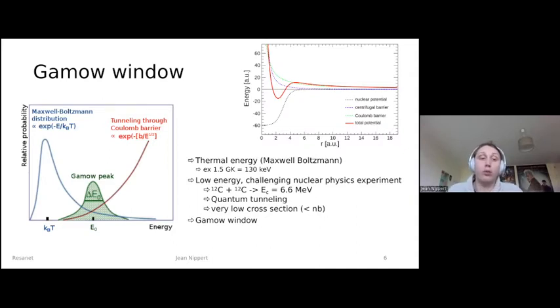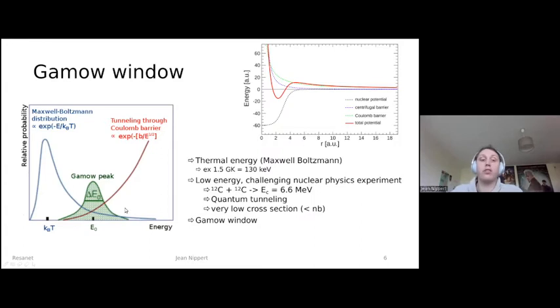What we try to measure is a cross-section down to the picobarn level, and this is really, really challenging. If you look at this scheme that shows the Maxwell-Boltzmann distribution in blue and the probability of tunneling through the Coulomb barrier in red, you can take those two curves and do the convolution, and it gives you the green curve.